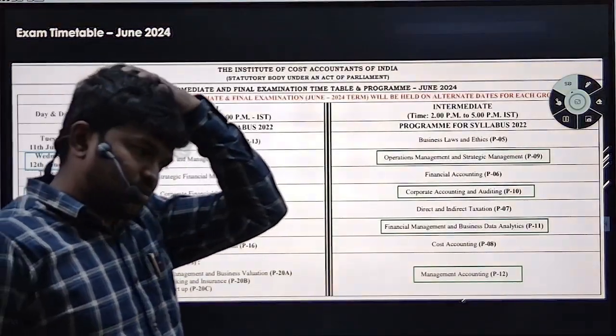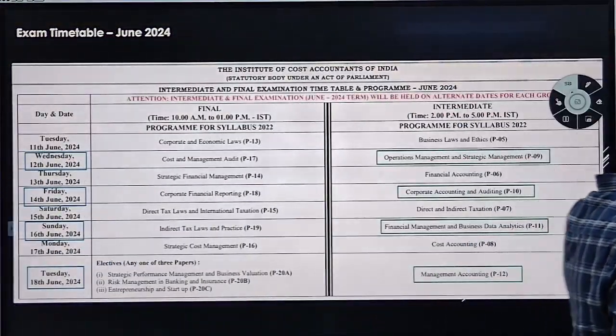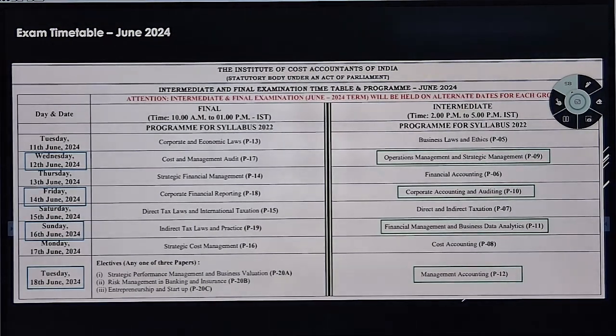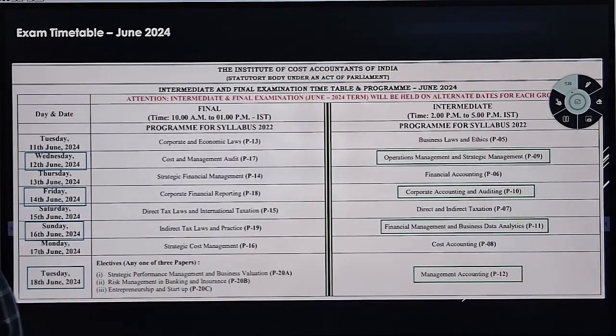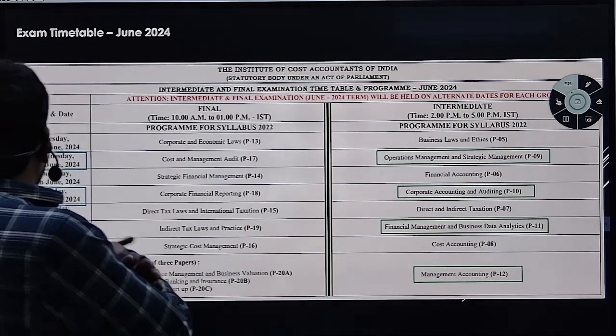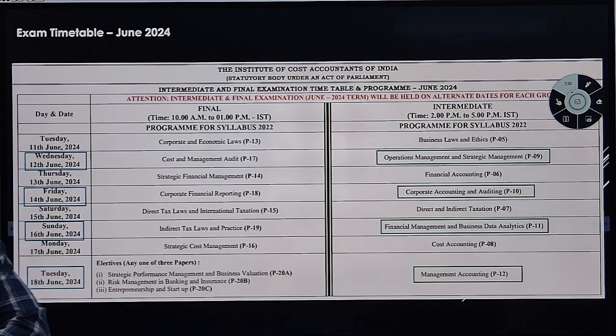When is your exam date? June. From what date? 11th of June 2024. This is your exam timetable. Group 2 starts on 12th of June, Wednesday.